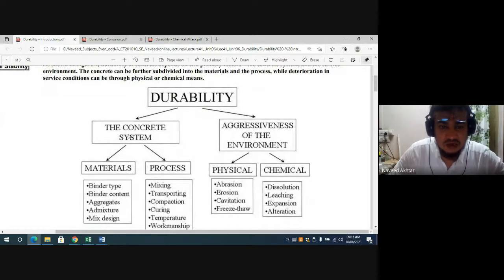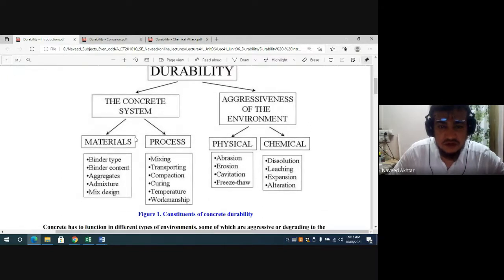Durability depends on the concrete system and the aggressiveness of the environment. The concrete system means the process from the selection of material to the mixing and making of the concrete. Aggressiveness of the environment means the environment the concrete faces after it is hardened. The system starts from the selection of material, such as the type and content of binder.